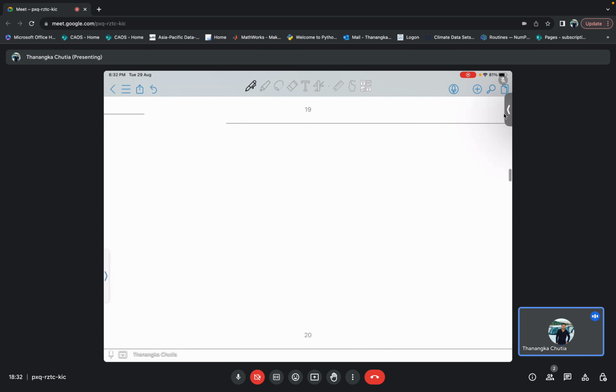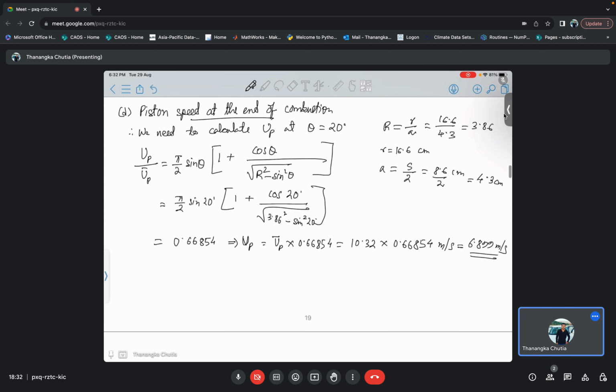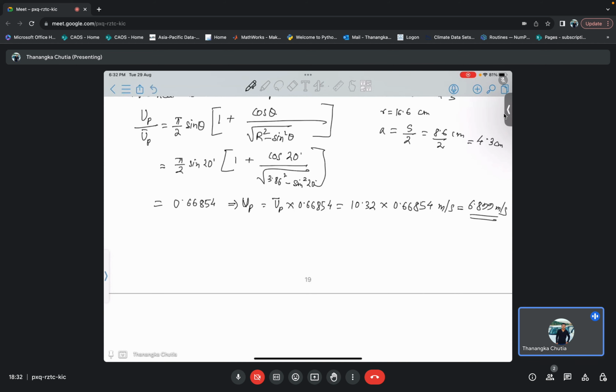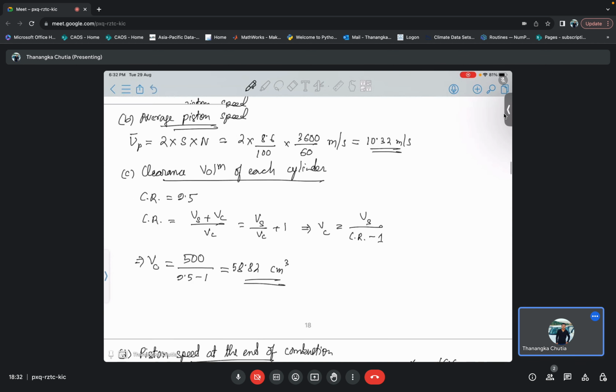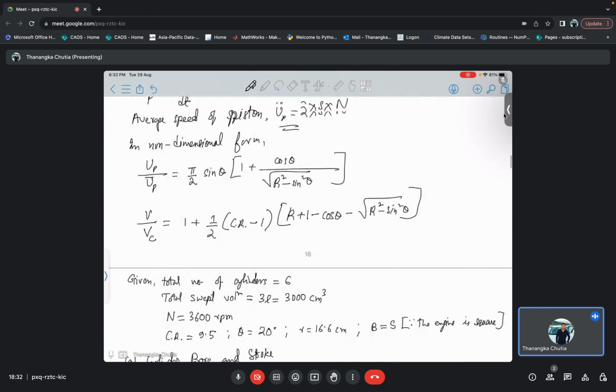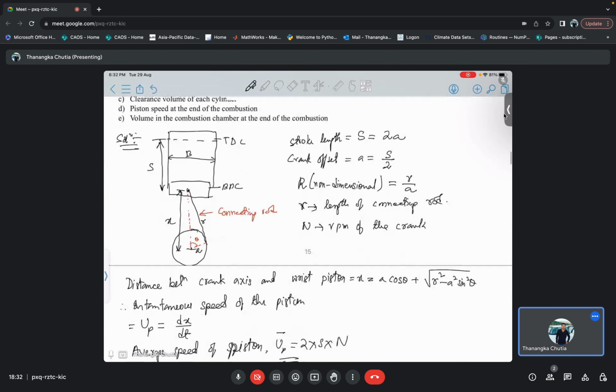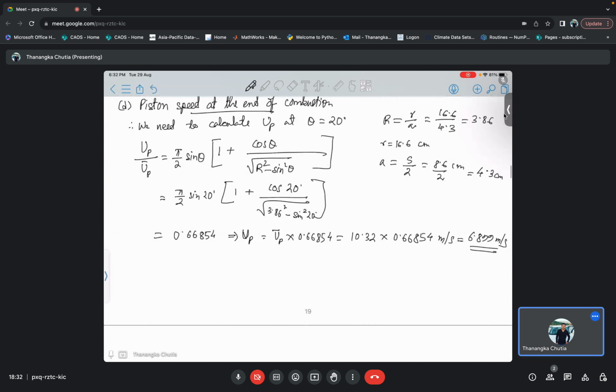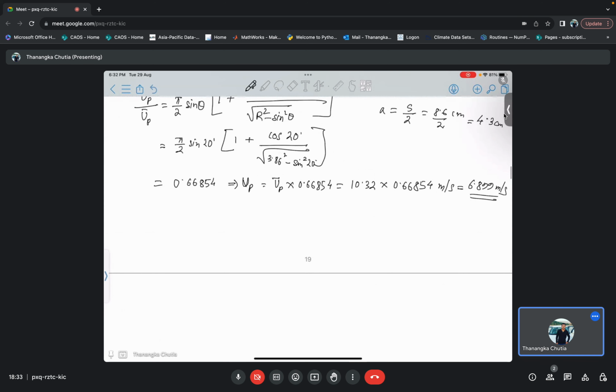So this is your velocity or speed of the piston at the end of the combustion, okay. So this is your piston speed at the end of combustion, okay.